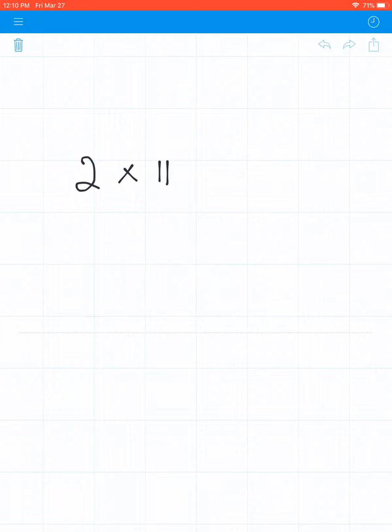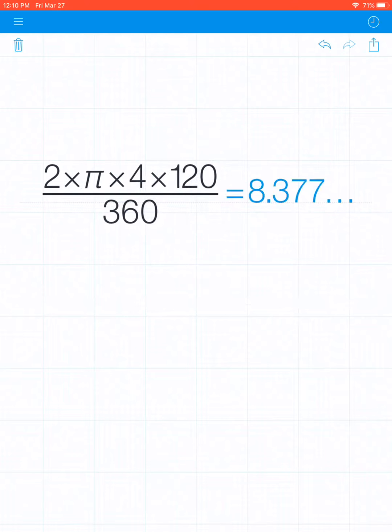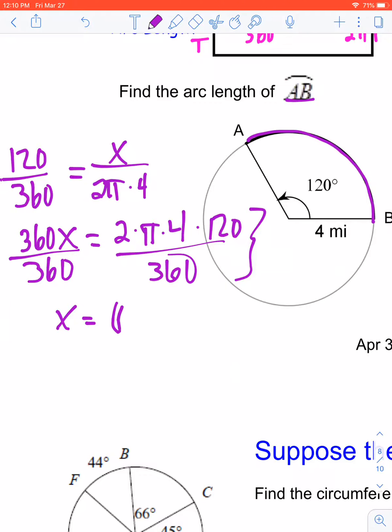And that gives me 8.4. This is a linear measurement. This is not about squares. So my answer would just be 8.4 miles.